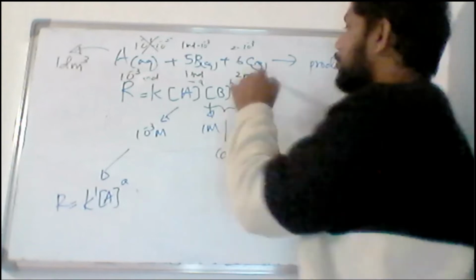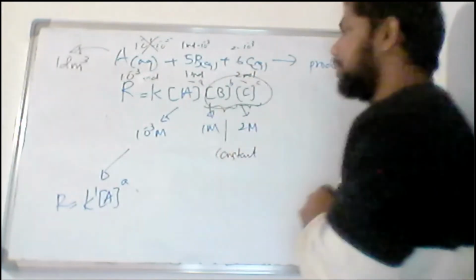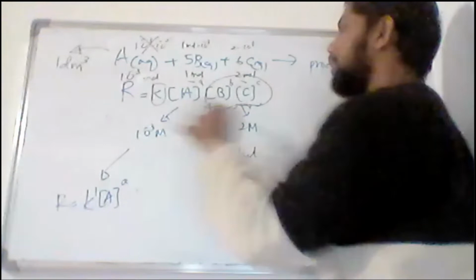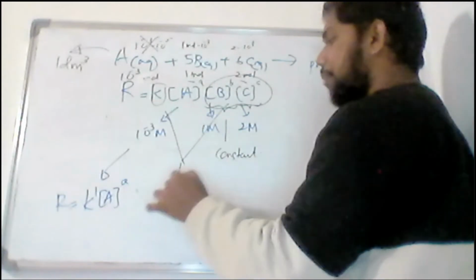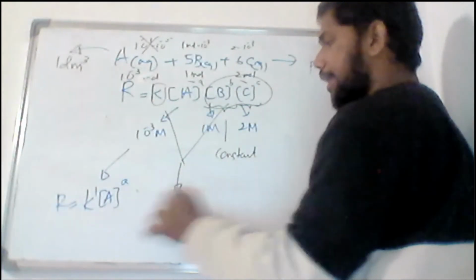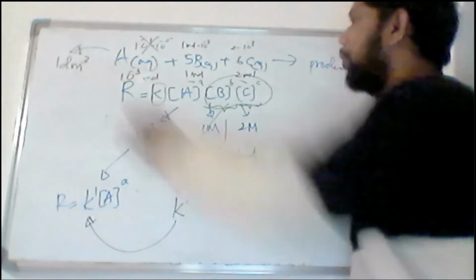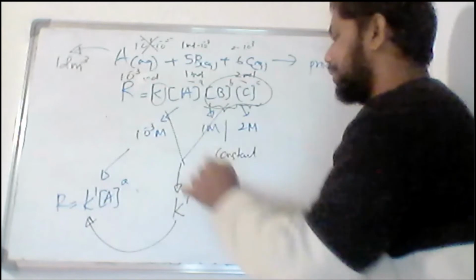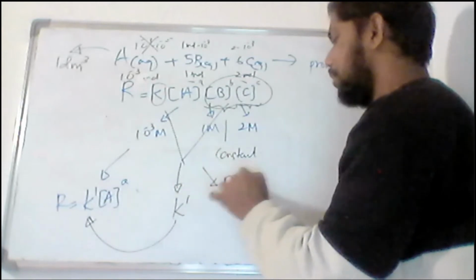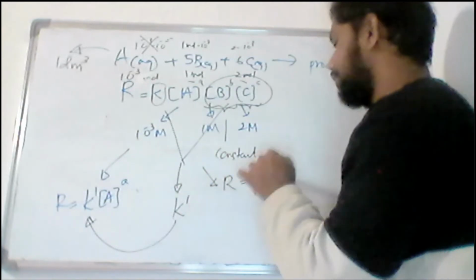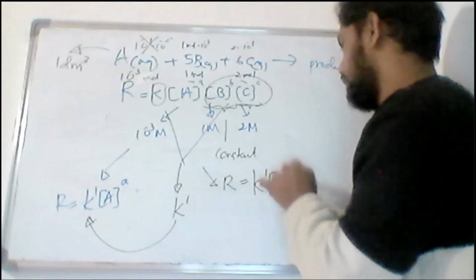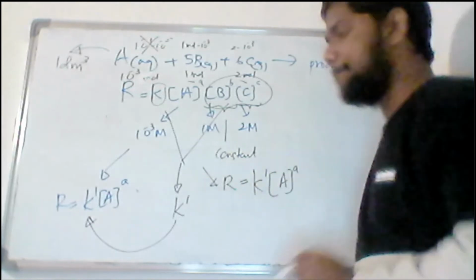So if this is constant, the rate constant is another constant. So you can put this as K dash, which is expected that they have given. So your entire equation now becomes R equals this K dash, the new rate constant, times A to the power a.